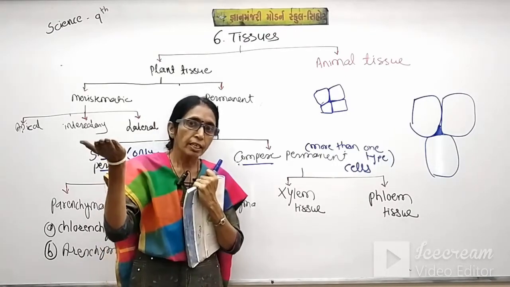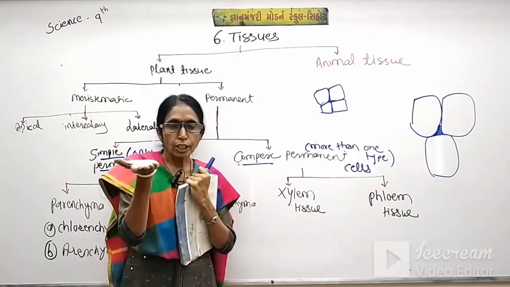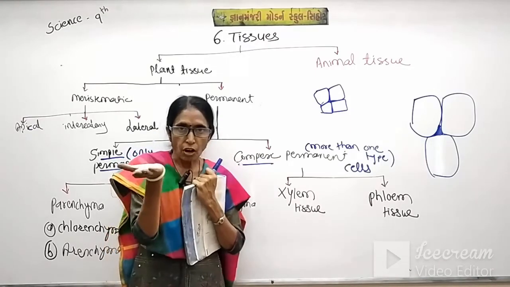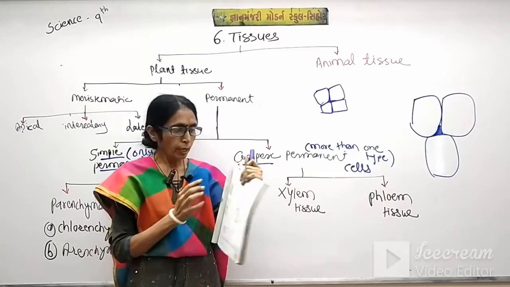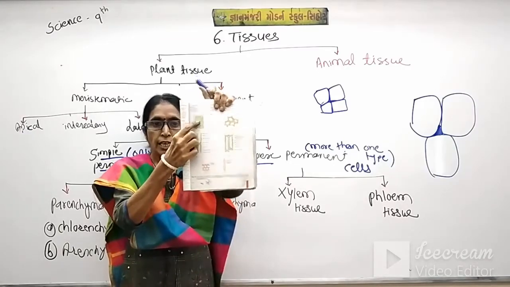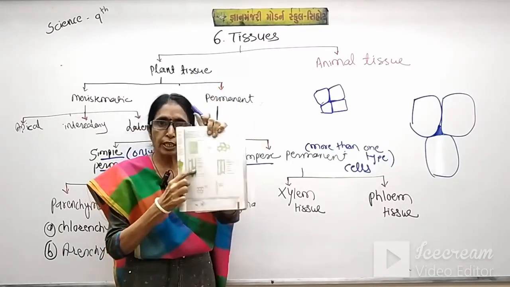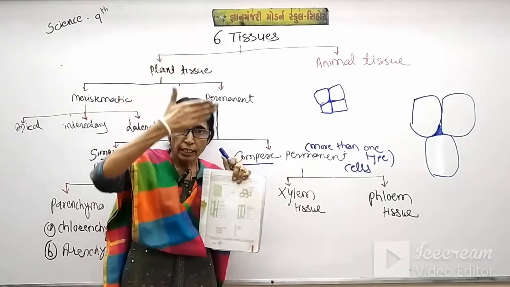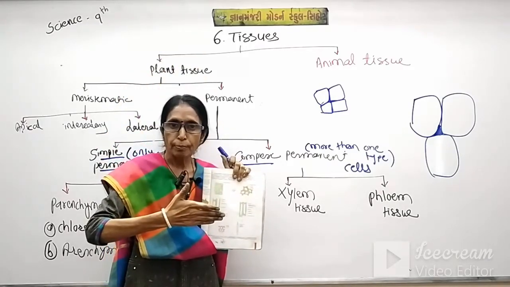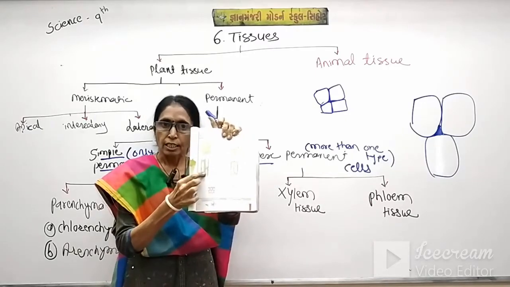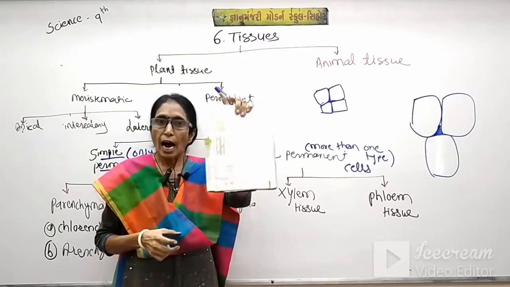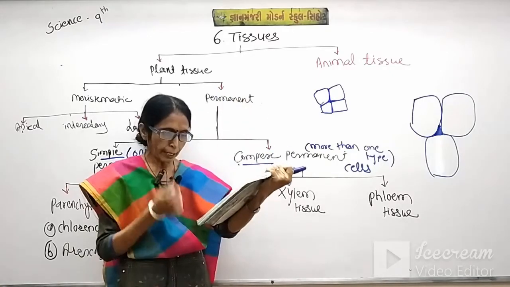Means when we cut the plant tissue like this in order, it is called transverse. So when we see from the microscope, the picture is like this. And this is the longitudinal section. Means we cut the plant stem or branch like this. So the picture is like this. So these two figures are of parenchyma.